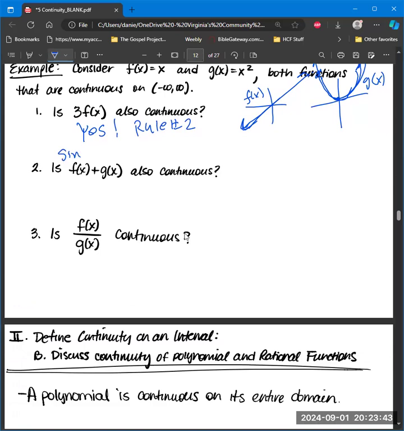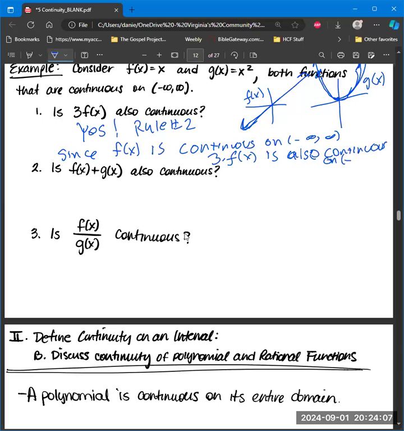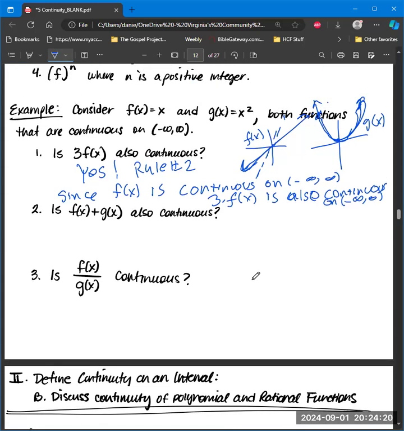Since f of x is continuous everywhere, three times f of x is also continuous everywhere. So I'm just going to make the slope greater like this with 3 times f of x, but it's still going to be continuous.